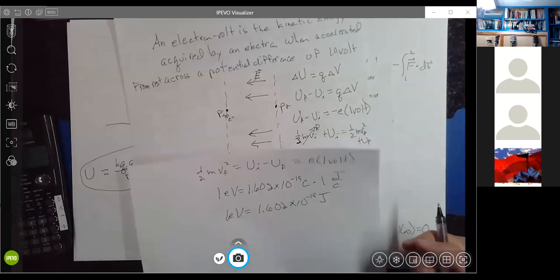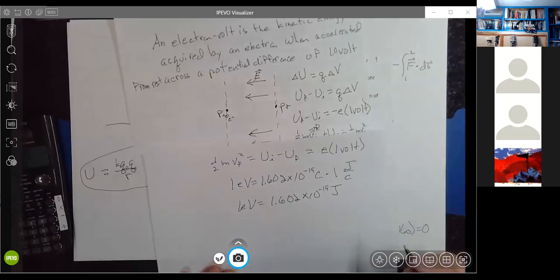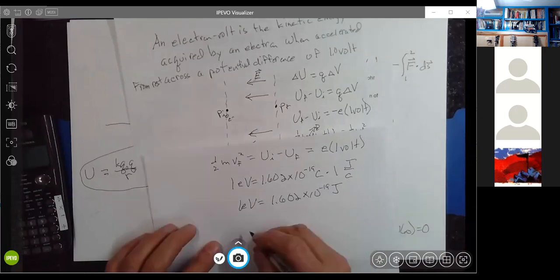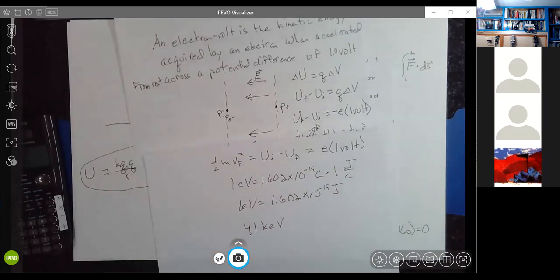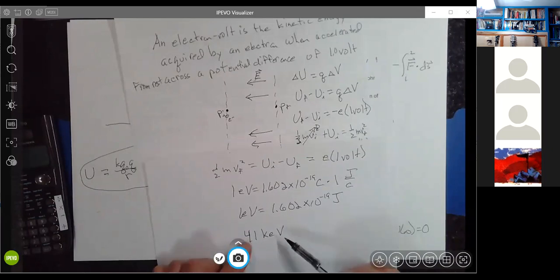But I'd read everything in the dentist office. And something that I noticed in the dentist office was the x-ray machine. And on the side of it, it had this written, 41 keV. What in the world is that? Well, it turns out that's the energy of the x-rays that the machine emits.